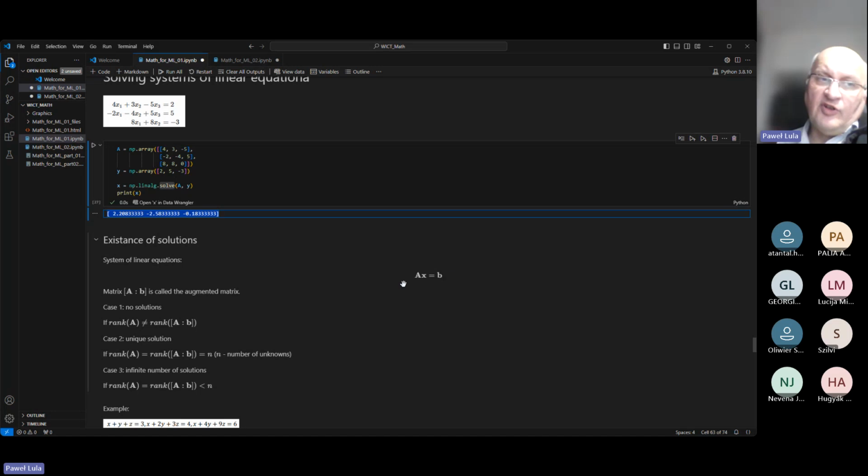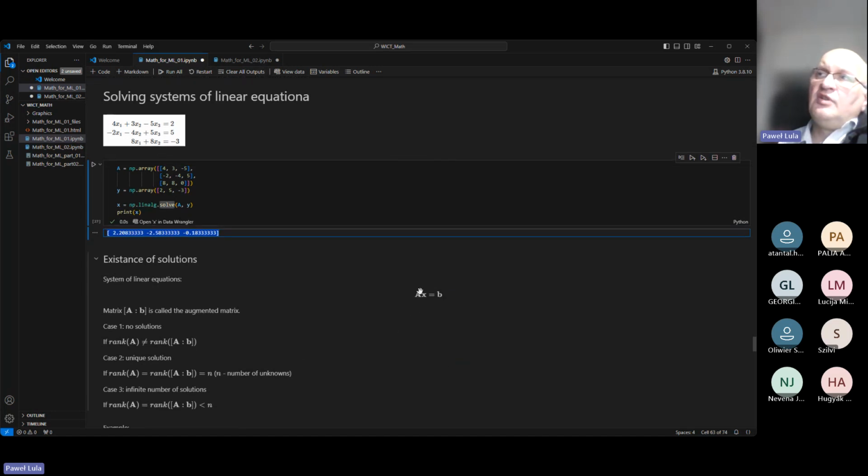It is a matrix form, but of course the interpretation is the same. So here we have a matrix with coefficients, here a vector with unknown parameters, and here constant values. And x, as I said before, is equal to the inversion of A multiplied by b. But it is not always possible to solve this system of equations.